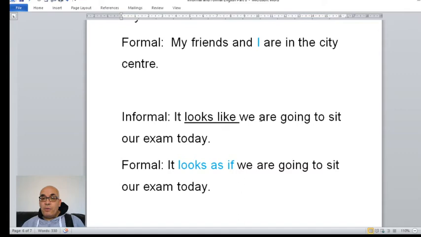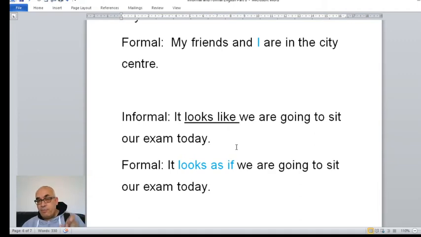It looks like we are going to sit our exam today. So looks like is informal. It looks as if we are going to sit our exam today. So I change looks like into looks as if. Looks like is informal, looks as if is formal.